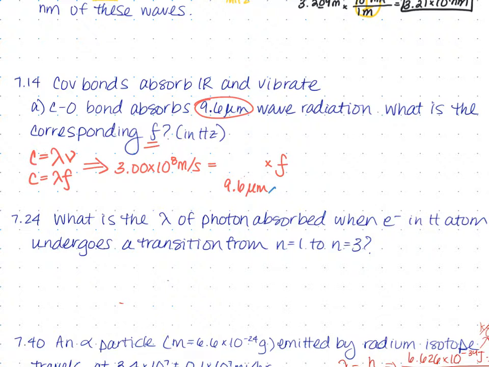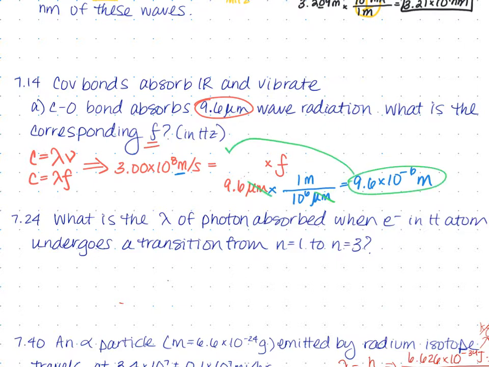So down here, I'm going to convert into meters because I know that the speed of light is in meters per second. So for every 1 meter, I have 10 to the 6th micrometers. So that's going to give me 9.6 times 10 to the negative 6 meters. Because micrometers are going to cancel out, I'm going to take this value, plug it in here, 9.6 times 10 to the negative 6 meters.